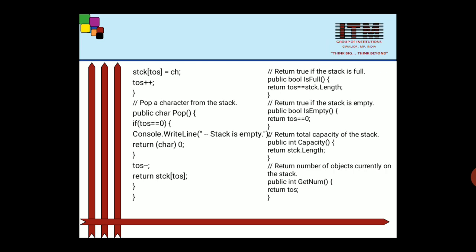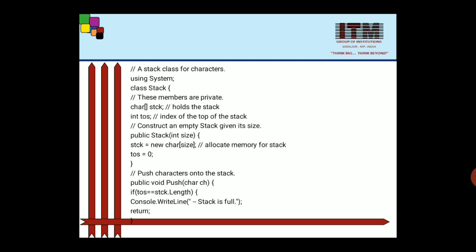Here the constructor is passed the desired size of the stack, so it allocates the underlying array and sets tos to 0. A 0 value in tos indicates the stack is empty.